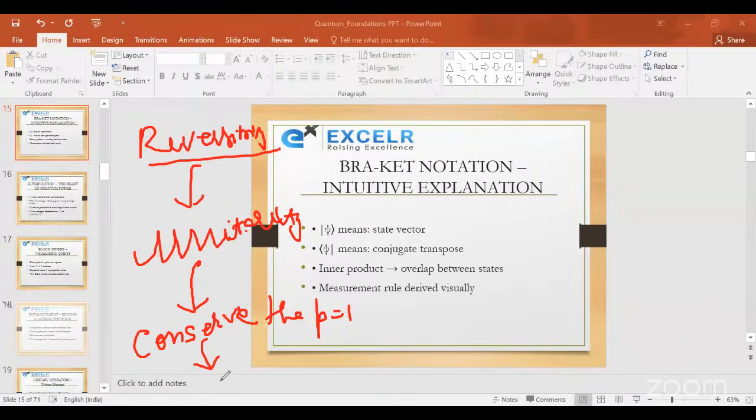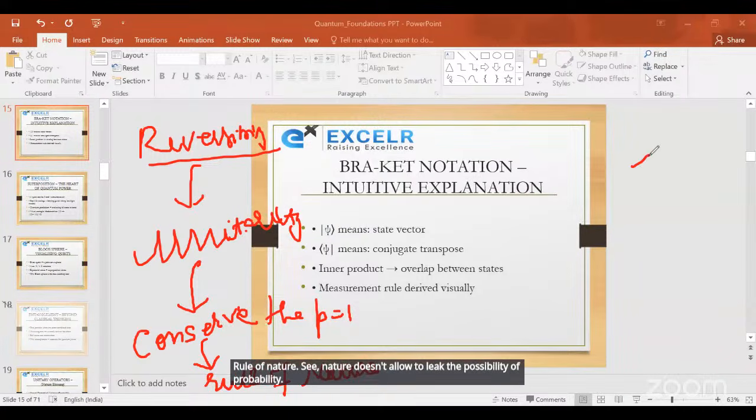And why do we want to conserve the probability 1? Because it is the rule of nature. Nature doesn't allow us to leak probability.